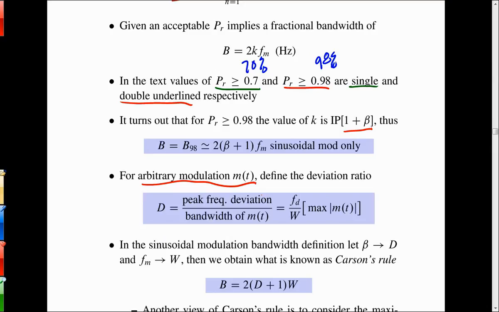Now the best way to visualize this peak frequency deviation is to think of the VCO, like I was talking about earlier. You've got the VCO sitting here as a box. You've got a message coming into it that's driving that voltage control pin. So the VCO sits at FC with no input, but then when the signal comes along at the input and it rises to its highest value, it pushes the frequency of the oscillator up to a positive peak deviation. When the input swings negative, it pulls it back down again.